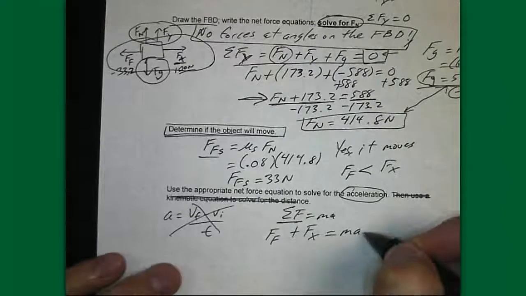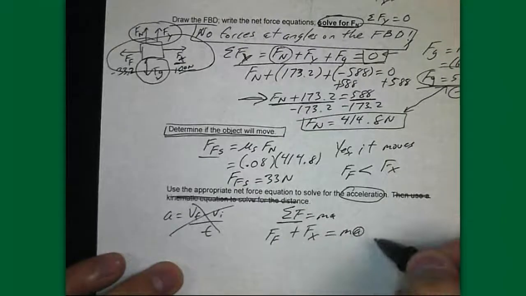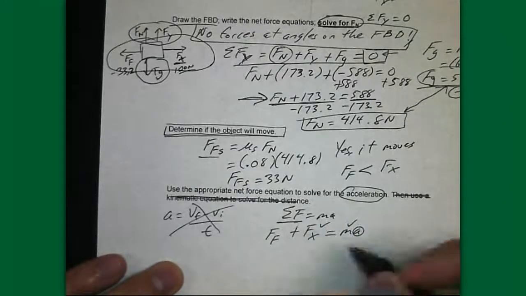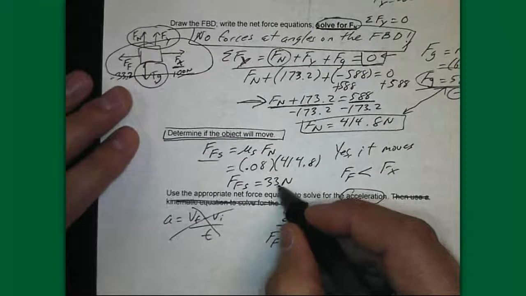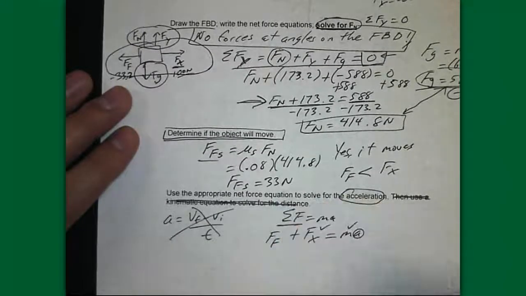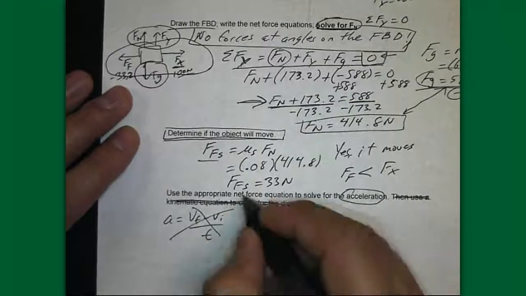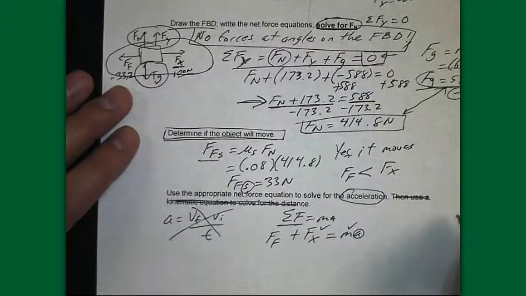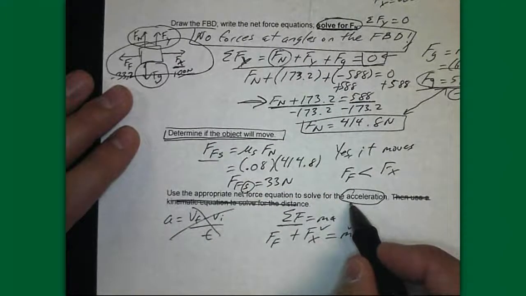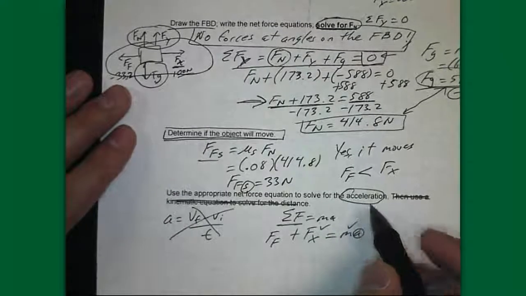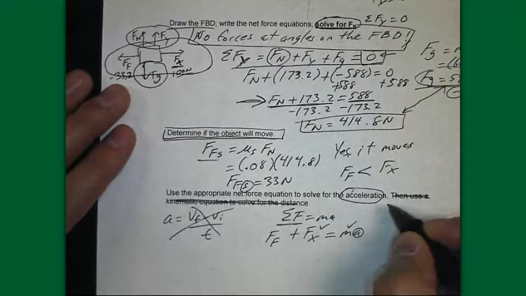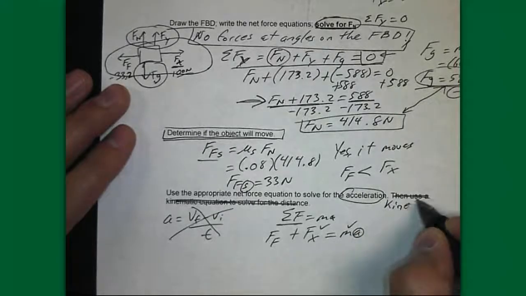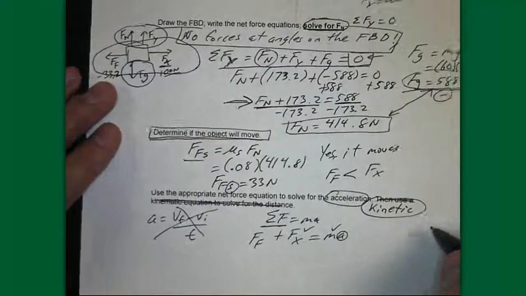The acceleration they ask us to find, that's what we're looking for. I know the mass of the gazelle, I know the x force. I need to know the frictional force as well. Now you might be thinking, well, wait a second, frictional force was 33.2 or 33 newtons. Yes, it was, but that was static friction. If we're going to solve for the acceleration, now that we know the thing is moving, I can assume that it will be moving, it'll be sliding, which means we need to use kinetic friction.